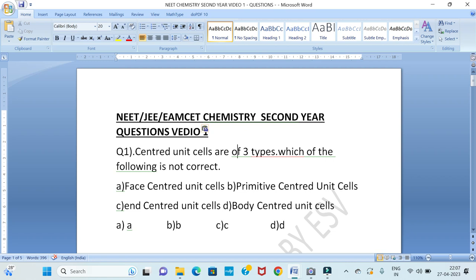Option A, face centered unit cells; primitive centered unit cells; end centered unit cells; body centered unit cells. In these four options, one is wrong. Centered unit cells are only three types. One is wrong. What is that?